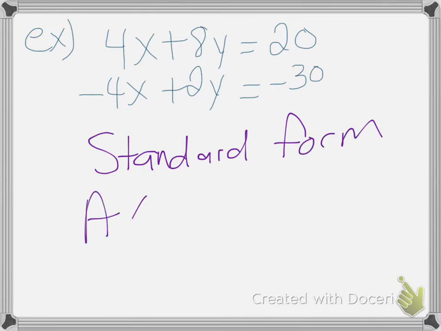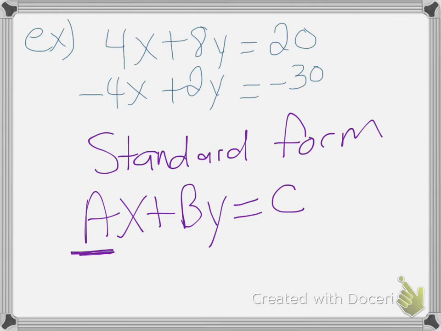Remember, it's ax plus by equals c. A is the number in front of x, which would be 4. B is the number in front of y, here 8. And c is the number all by itself, 20. That's how you can put it in a matrix very fast, very simple.